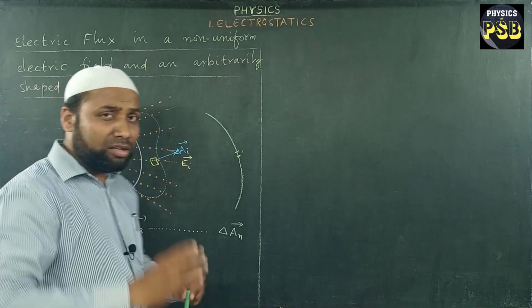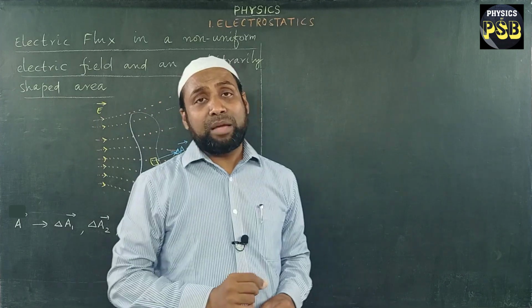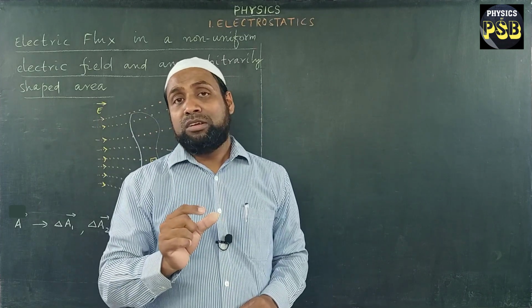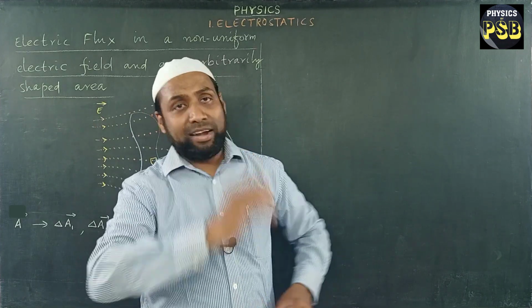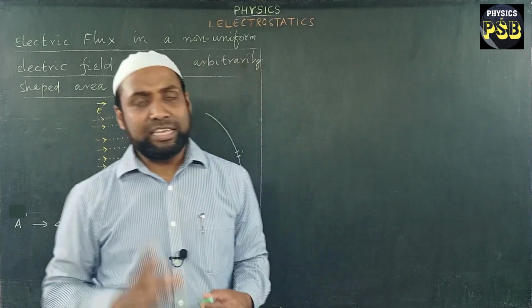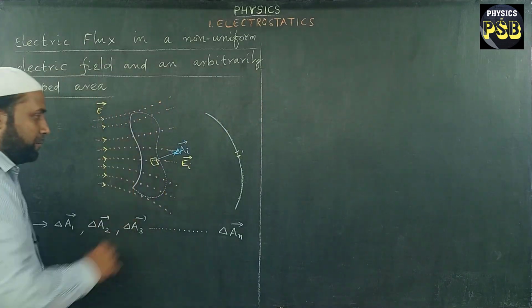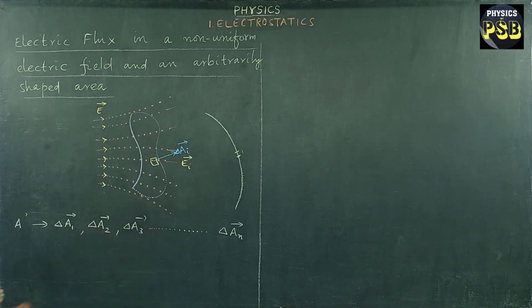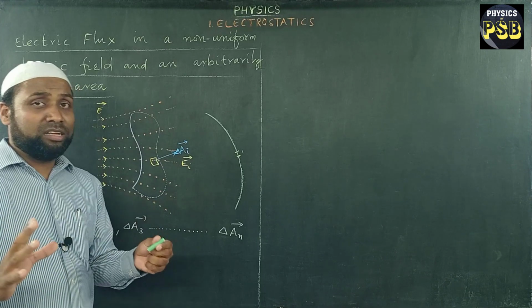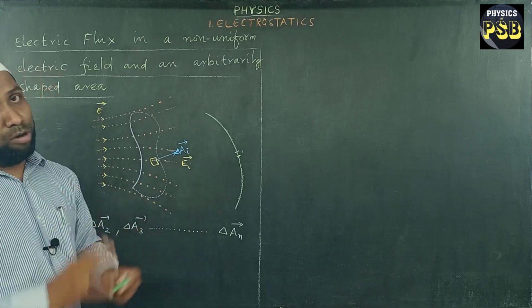When we have done so, each segment appears to be in the form of a flat surface. Then the electric field which is passing through each segment is considered as almost uniform.